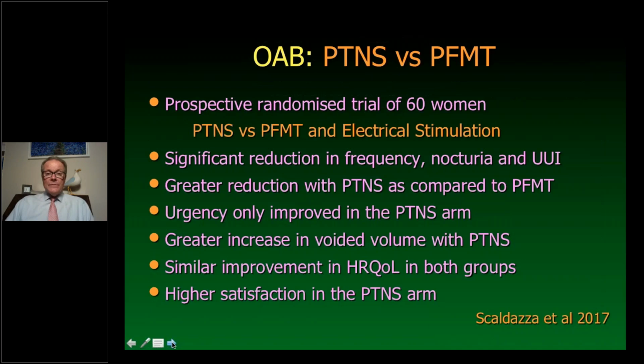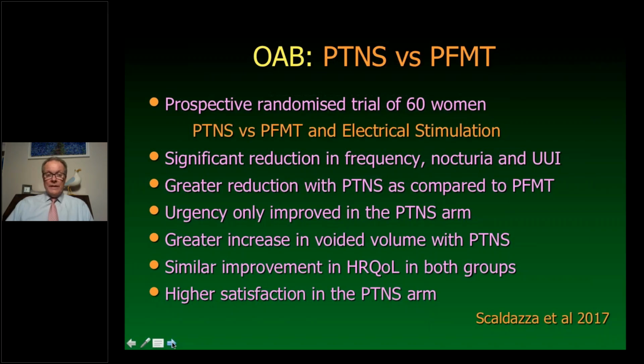So greater overall efficacy in terms of overall bladder symptoms, frequency, urgency, and urgency incontinence. How does PTNS compare with behavioral therapy? So this is a more recent study looking at a prospective randomized trial of 60 women comparing PTNS versus pelvic floor muscle training and electrical stimulation. Overall, there was a significant reduction in frequency, nocturia, and urgency incontinence, but this was greater in the PTNS arm as compared to the pelvic floor muscle training arm.